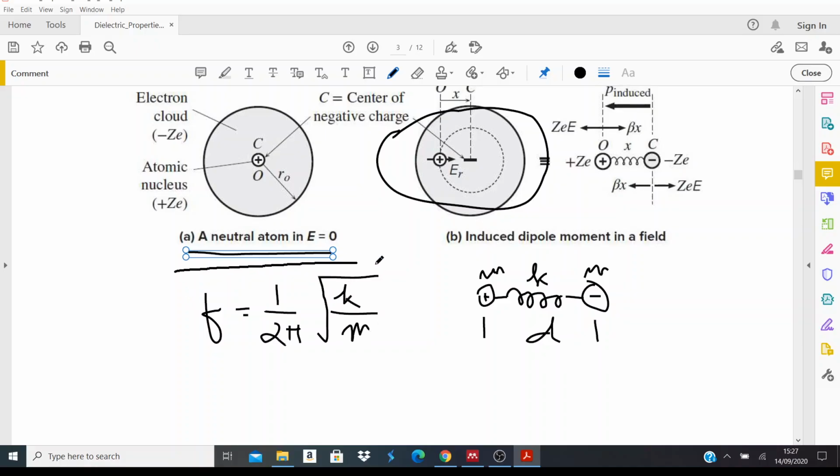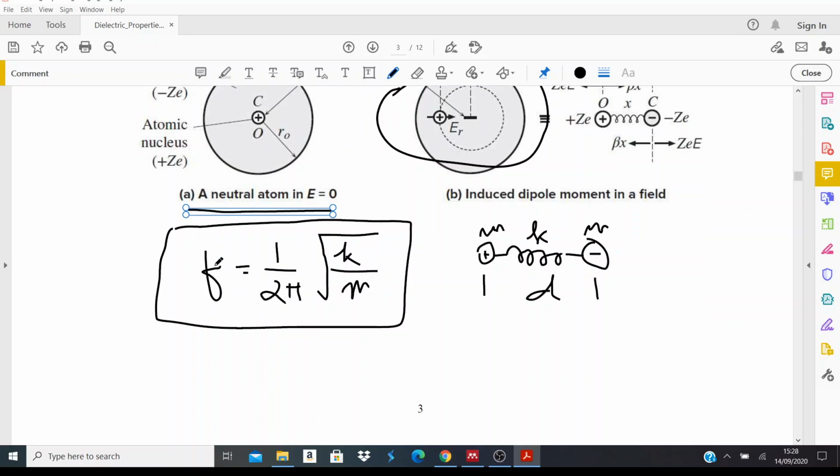So the natural frequency of vibration of this spring depends on the mass connected to the spring and also the spring constant. So the stiffer the spring, it changes the frequency of resonance. If the masses connected with the spring are different, it will also change the resonance frequency, right?